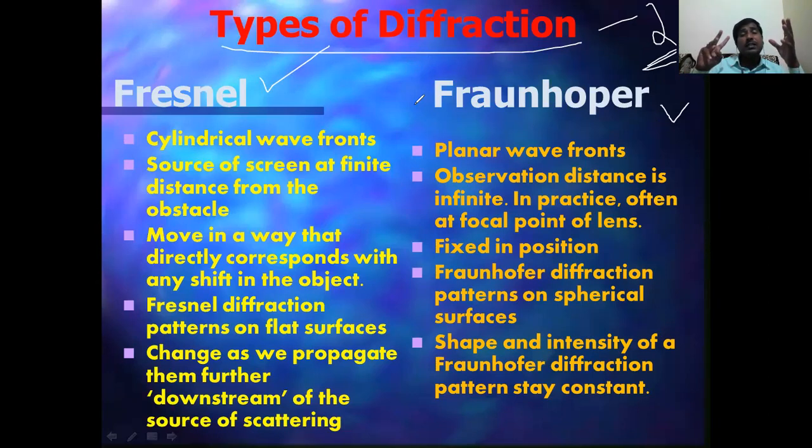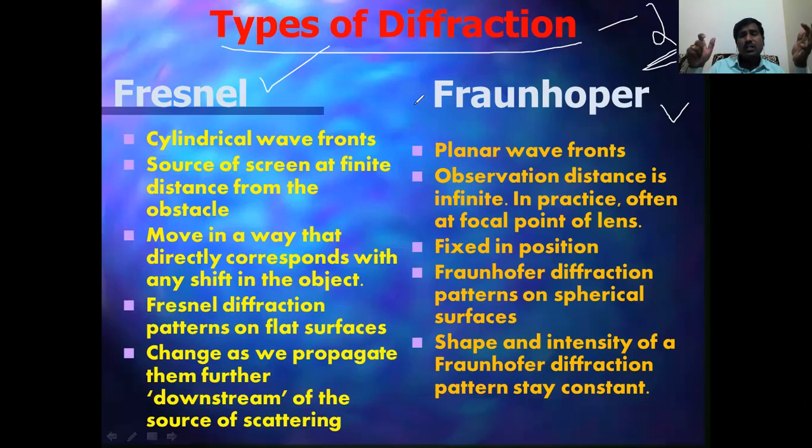But if I ask about general diffraction types, they are X-ray diffraction, electron diffraction, and neutron diffraction. Depending upon the situation, we use one of them. In most cases, X-ray diffraction is useful in day-to-day life.